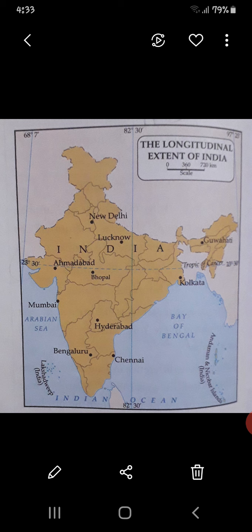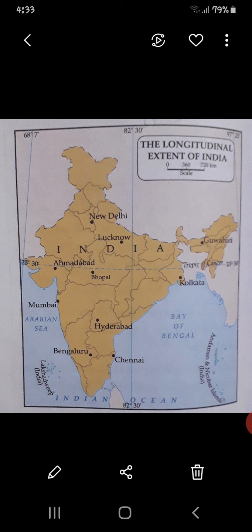For example, there will be a difference of about 1 hour and 45 minutes in the local times of Dwarka in Gujarat and Dibrugarh in Assam. Where are these places? Assam is in the east and Dwarka is in the west. So, it is necessary to adopt the local time of some central meridian. One particular central meridian we take, and we follow that timing as the standard time for the country.